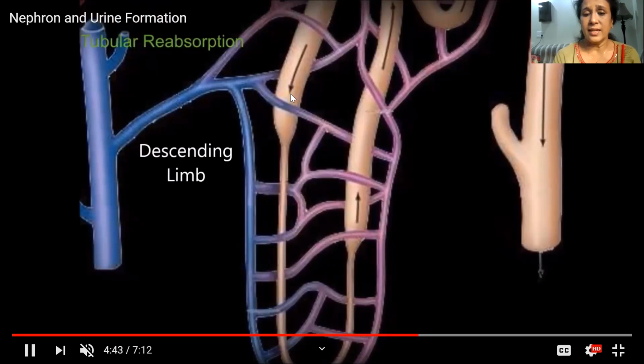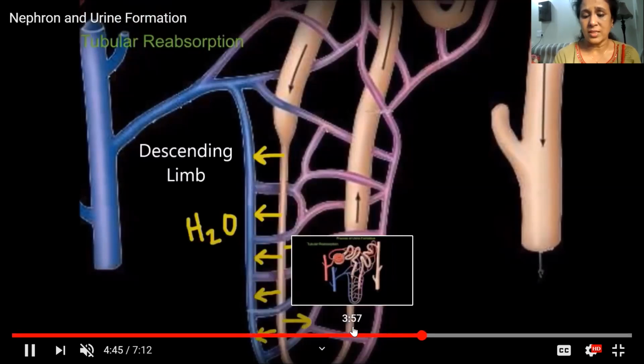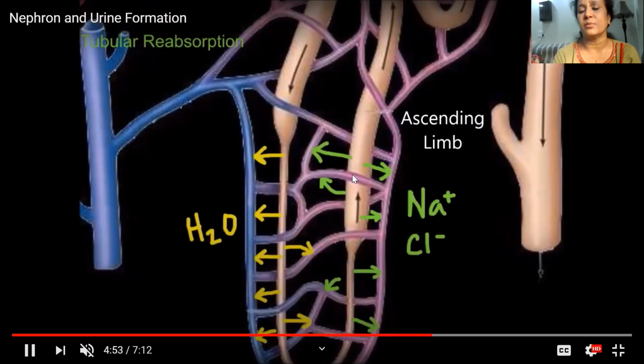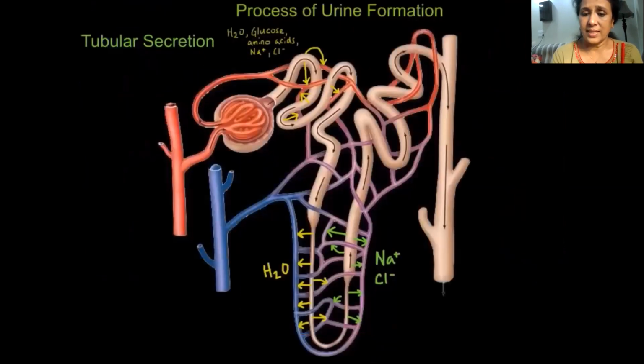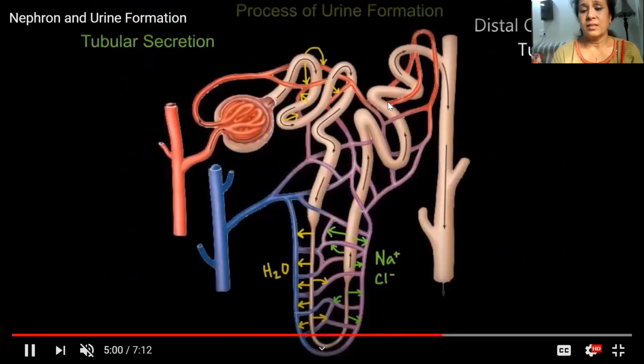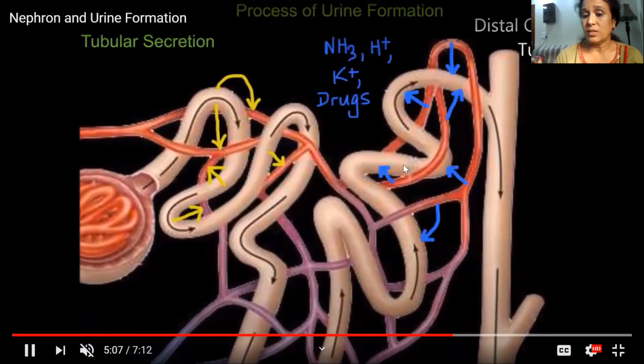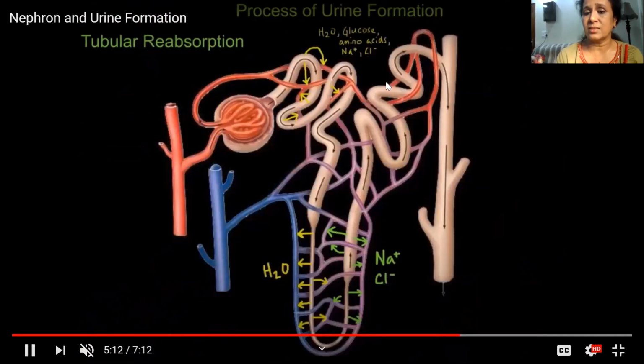They are reabsorbing the water and the salt, which is passing through the descending and the ascending limb of the Henle's loop. In the distal convoluted tubule, I told you that secretion will occur, that is ammonia, drugs, creatinine. These are excreted in the distal convoluted tubule.